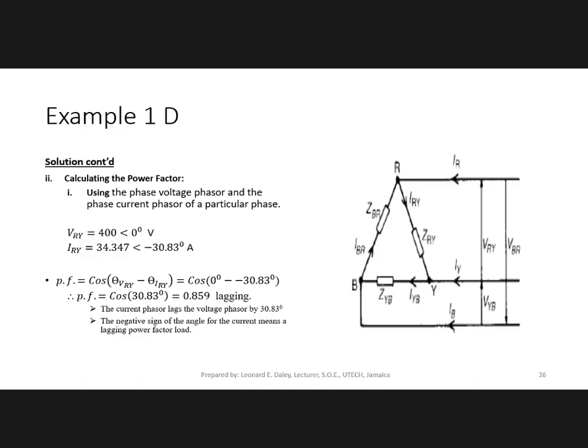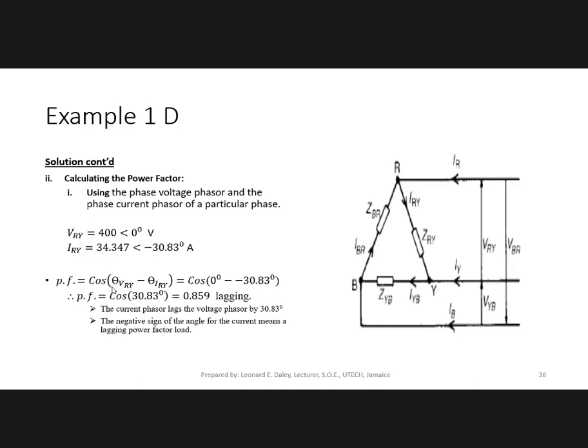All right. So if we use the phase voltage phasor, VRY is at angle 0 and IRY is at angle minus 30.83 degrees, right? So the power factor is equal to the cosine of the angle for the voltage phasor minus the angle for the current phasor.